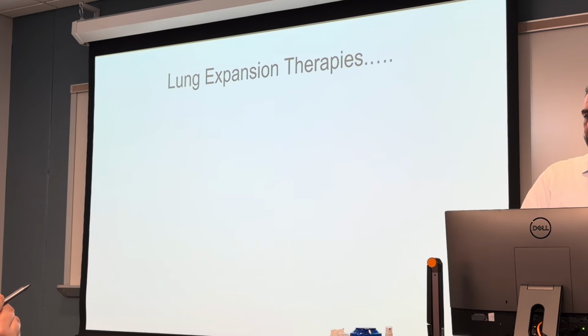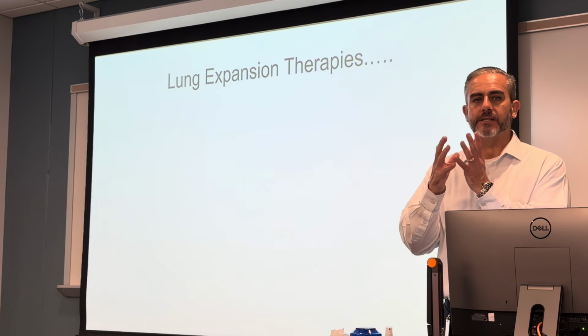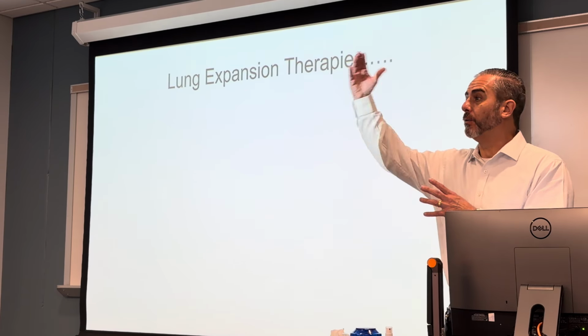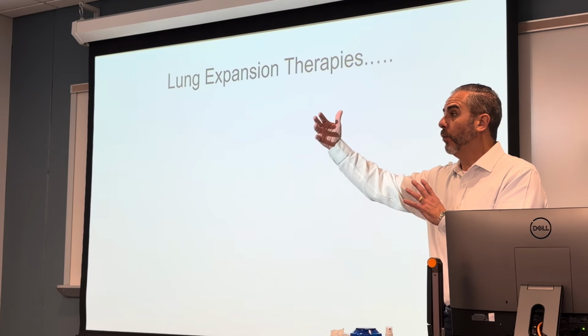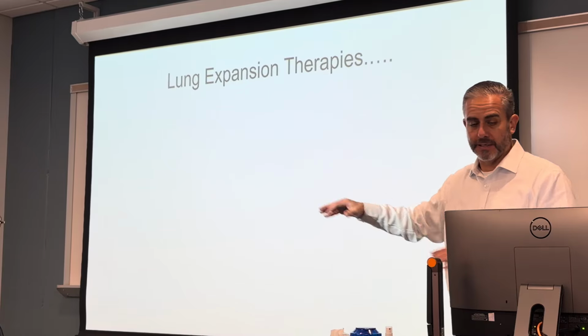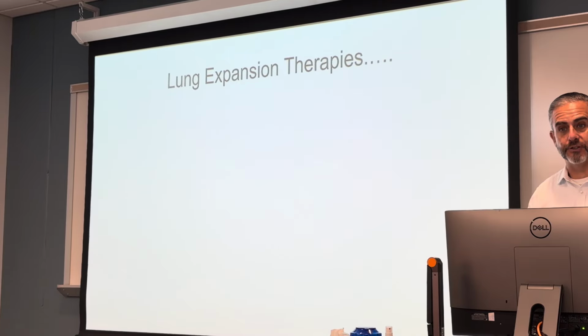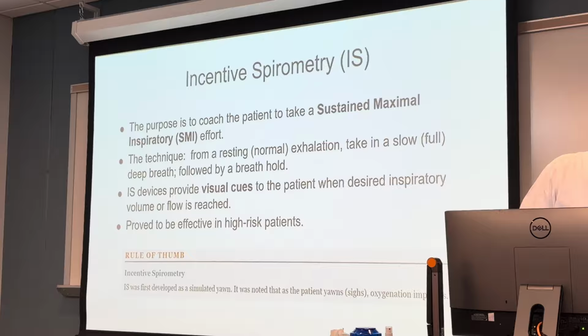All right, so let's talk about the different therapies for lung expansion. And remember, sometimes people get these therapies confused with what we'll talk about when we get to chapter 44, the airway clearance therapies. These are strictly lung expansion. The first one is incentive spirometry, or IS for short.